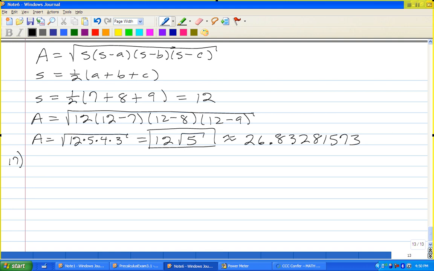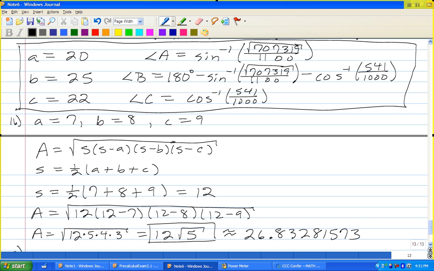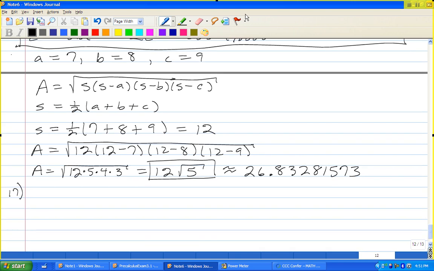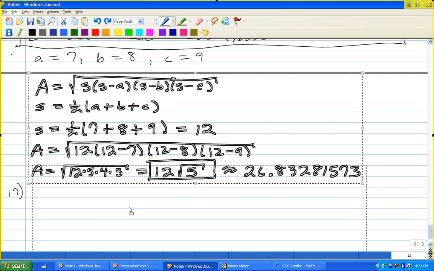That was problem 17. I did problem 17 first. I just put down the numbers for problem 17. So I did problem 17. I'll do problem 16 now.